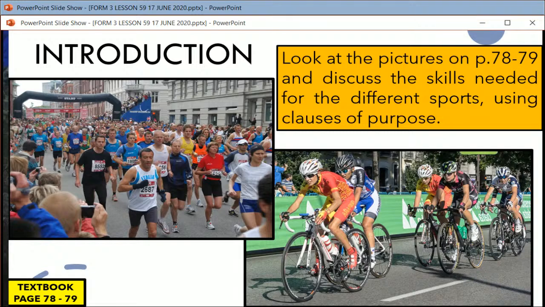So can you describe using the clause of purpose? Welcome, El Pelon. Mexico must be nice. So what skills do you think they need?